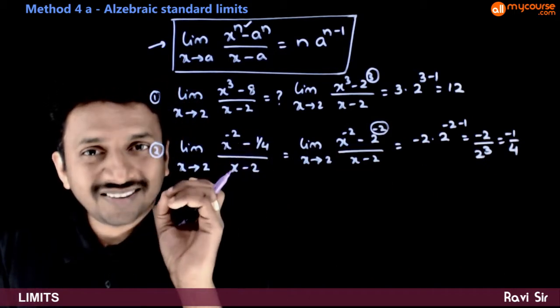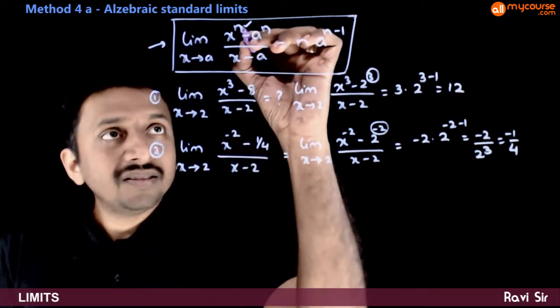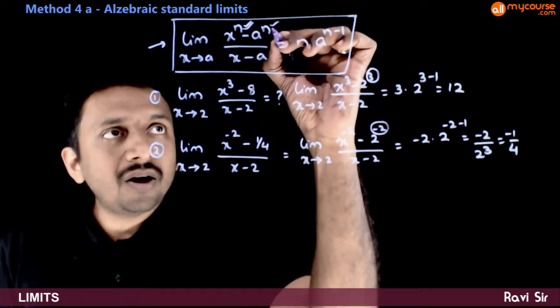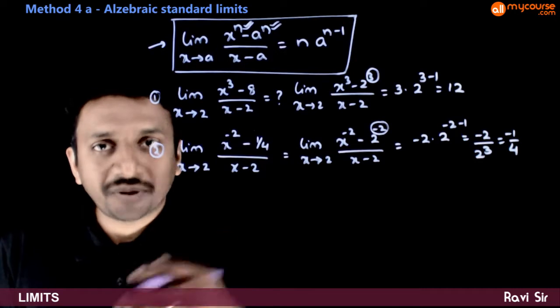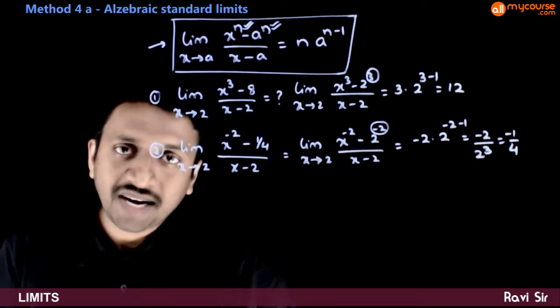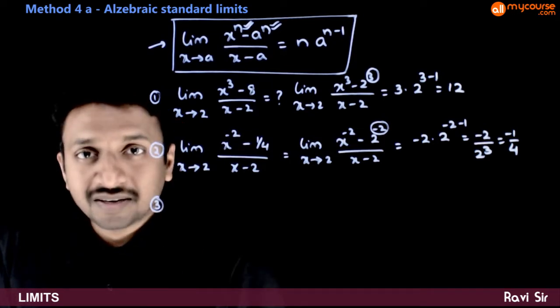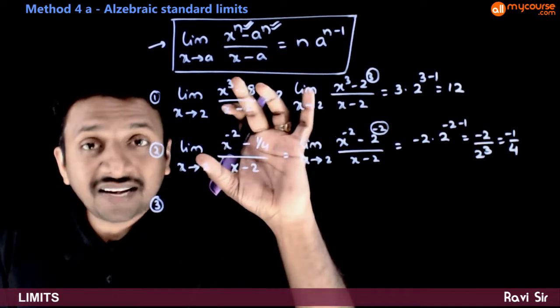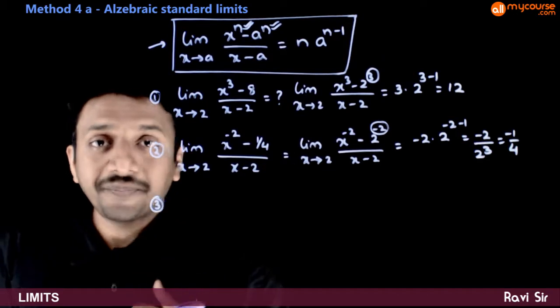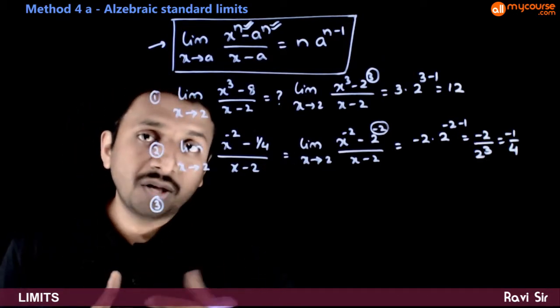What is the thing that you have learned in this question? This number n need not always be a positive natural number. It can also be a negative number. Next, it is again not necessary that this n has to be an integer. This n can be a rational number also.